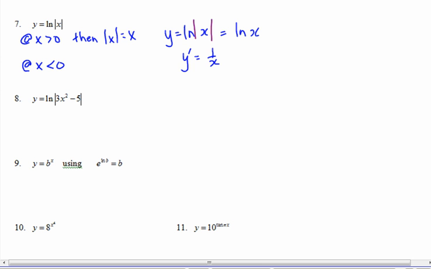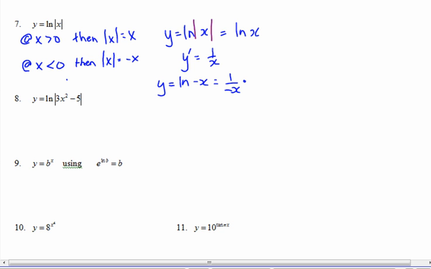So when x is less than 0, what is absolute value of x equal to? Negative x. Okay. So that means that we're going to deal with y equals the natural log of negative x. What's the derivative of the natural log of negative x? So first we do 1 over the inside times the derivative of the inside.